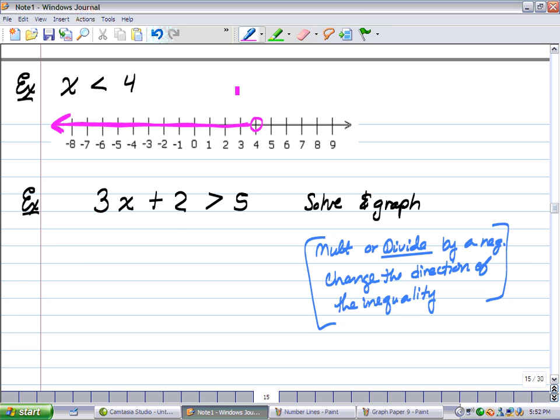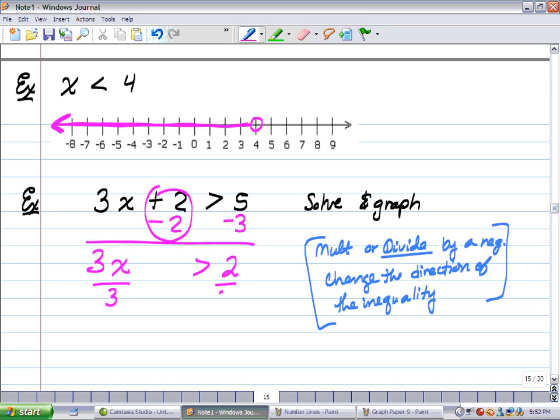So in this case, I want to get the x term alone. So I'm going to subtract 3 from both sides, giving me 3x plus nothing, greater than 2. And then I'm going to divide both sides by 3. 3 is a positive number, so this is going to stay the same. So x is greater than 2/3.